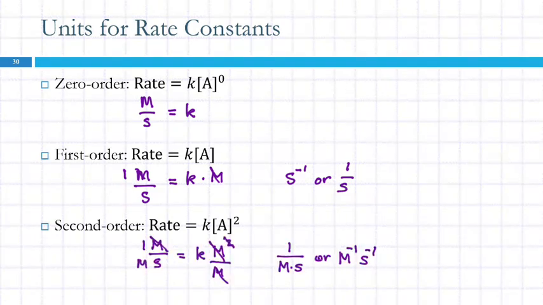Second order. So if you know the units and you just see a rate constant, if it's 0, 1, or 2, you can actually just pick it out because of the units on the rate constant. It's not super useful, but it's handy once in a while.